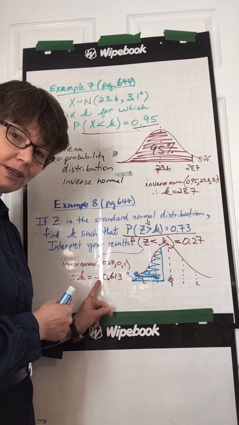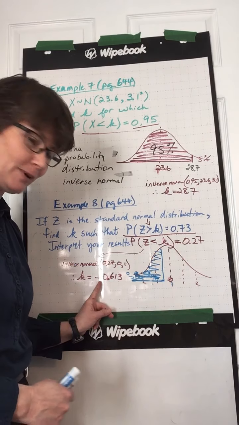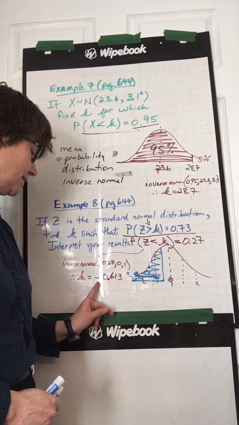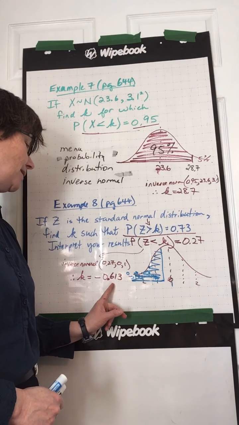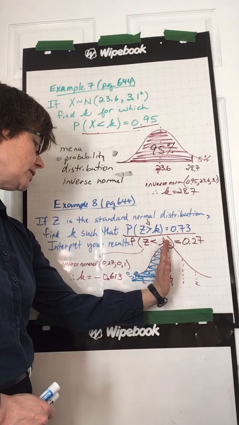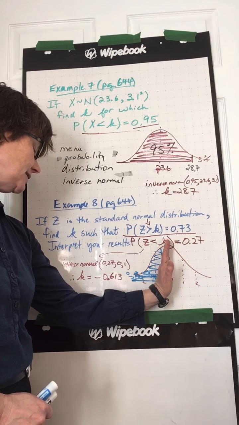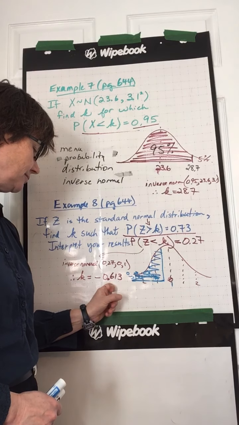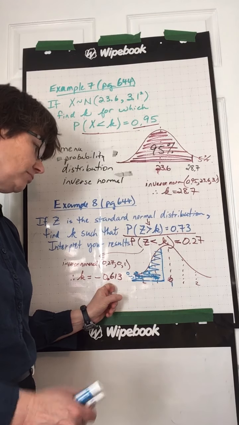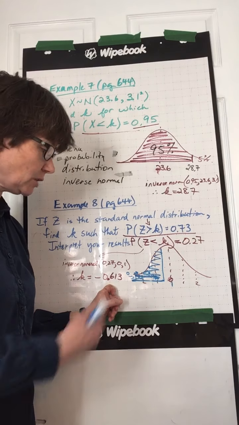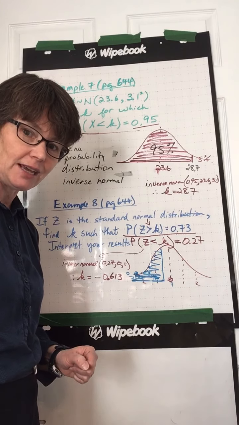We know it's to the left because it's negative. Trying to figure out the right way to word this, but we know it's to the left because it's negative. So we know that 27% of the data is less than 1 standard deviation away from the mean on the left-hand side of that graph.